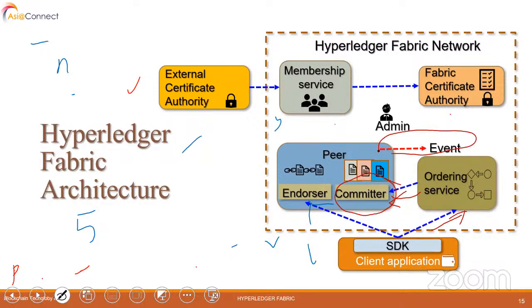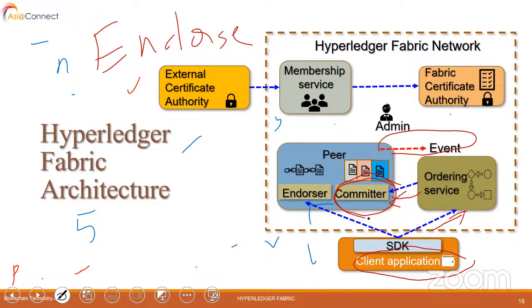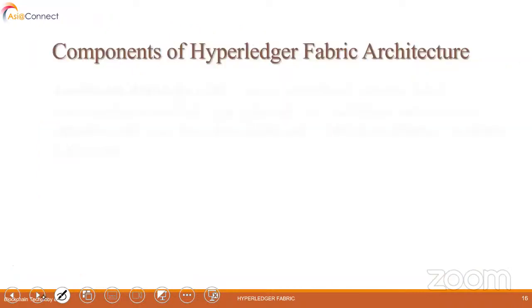So even if the client application has forgotten or has ignored whether the endorsement policy is satisfied or not, it will be the committing peers who will again check whether the endorsement policy is satisfied or not before the event is generated or before they commit the transaction to the block.